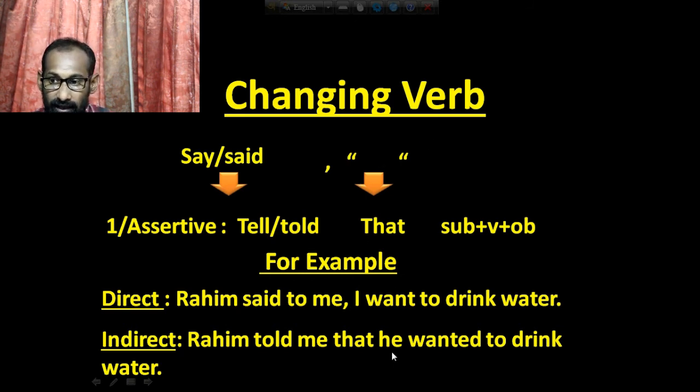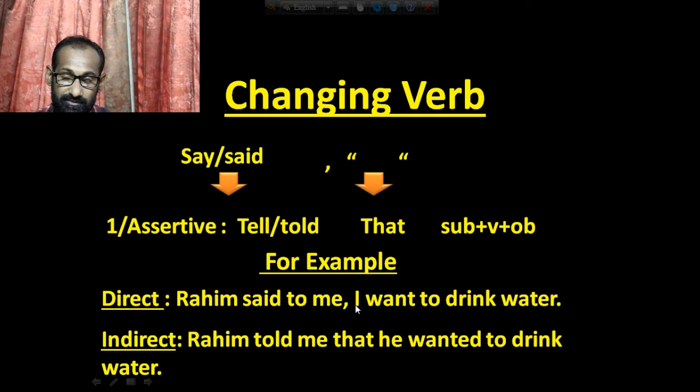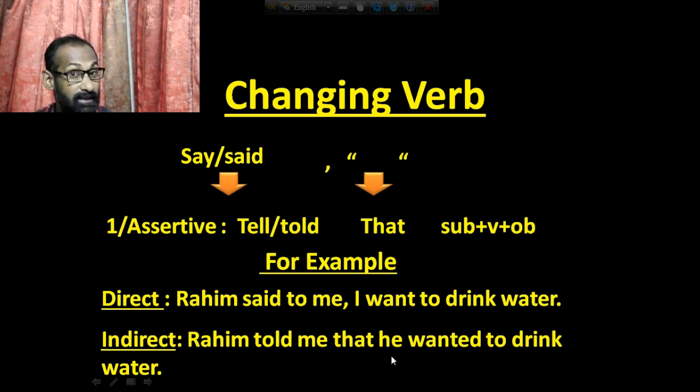Then he wanted to drink water. Some time ago I told you that the first person I and we of reported speech will be the first person of the reporting verb. Here I indicates Rohim, so I have used the pronoun of Rohim, he. Okay, so he wanted to drink water.